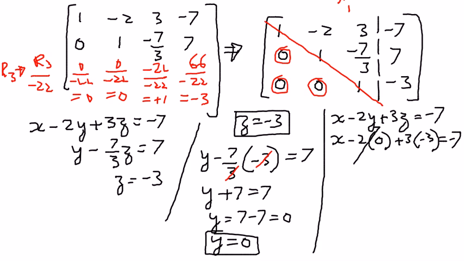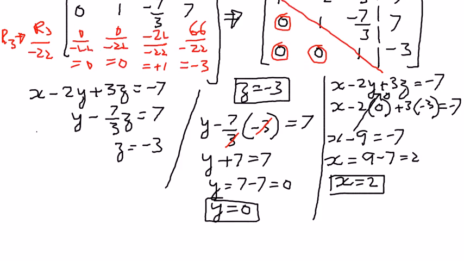So 2 times 0 is equal to 0. So we have x minus 9, 3 times negative 3 is negative 9, is equal to negative 7. So therefore the value of x equals 9 minus 7, which is equal to 2. Therefore the value of x equals 2.